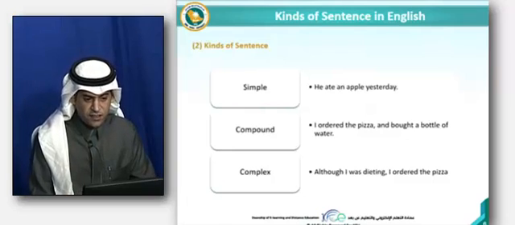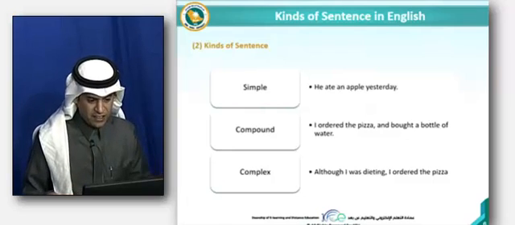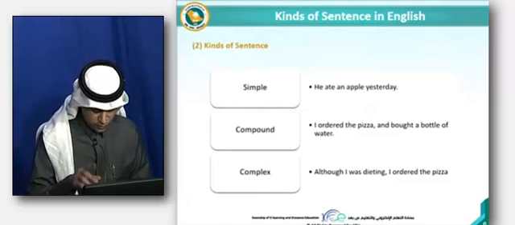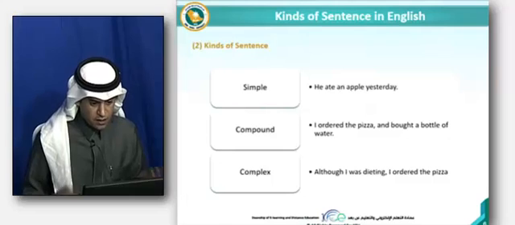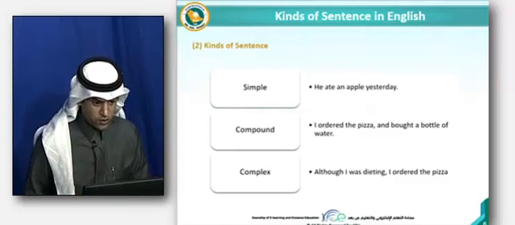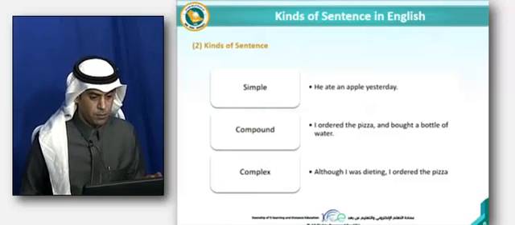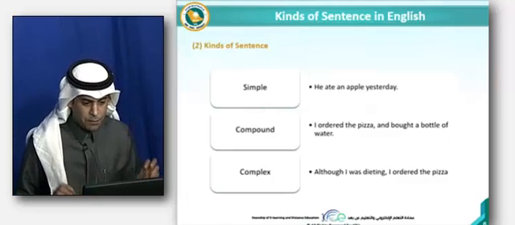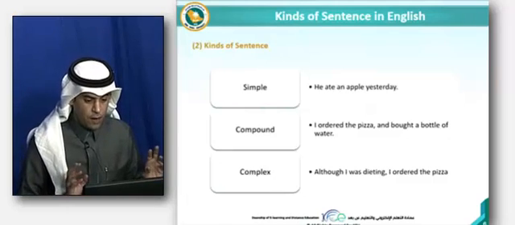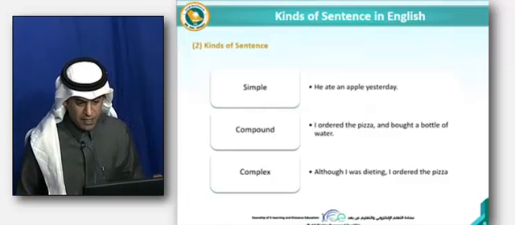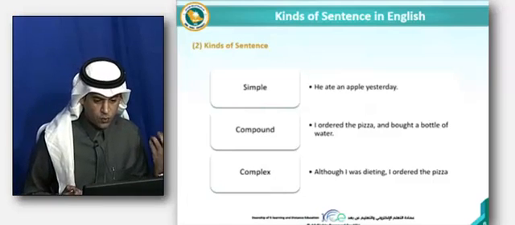Next, what are the kinds of sentences in English? There are actually 4 kinds, not 3 as you can see, but here I limit myself to 3 kinds because this is what we are going to concentrate on in this course. What are those 3 kinds? We have simple, and this is our lesson today. We'll focus on the first one: He ate an apple yesterday. We have compound, where we have two simple sentences joined together: I ordered the pizza and I bought a bottle of water.